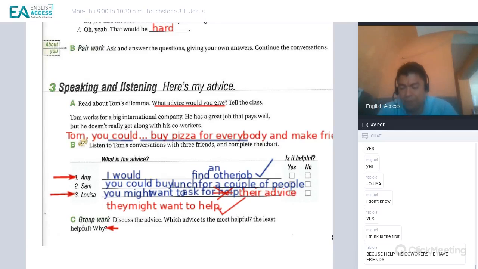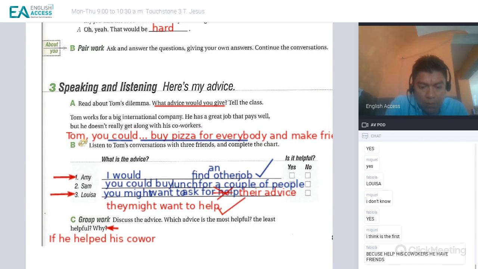Is that correct? Let me write that down. If he helped his coworkers, he would have more friends.